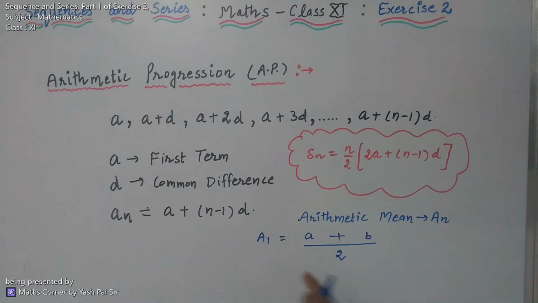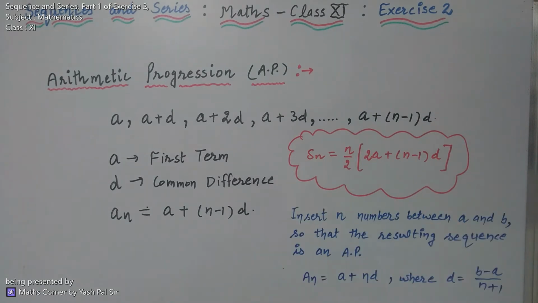But if the question is to find n arithmetic means between A and B, then what is the rule? Here the question is like this: insert n numbers between A and B so that the resulting sequence is an AP. Then we use this formula: An is equal to A plus nD, where D is equal to B minus A, last term minus first term, divided by n plus 1.